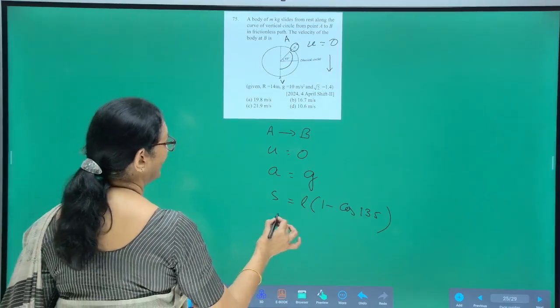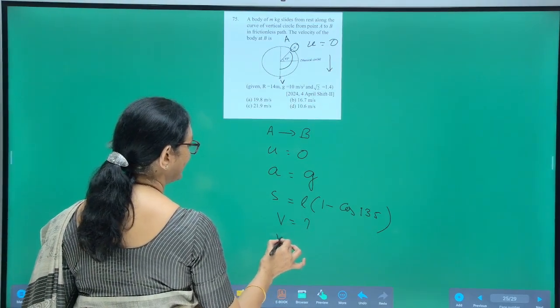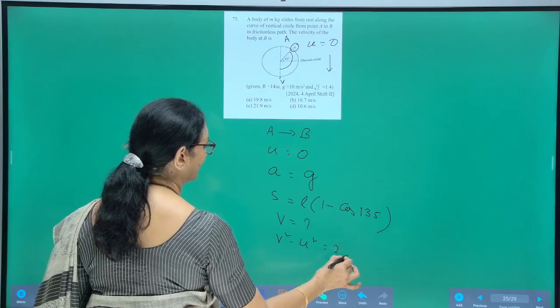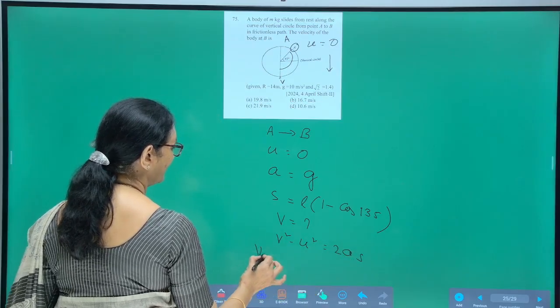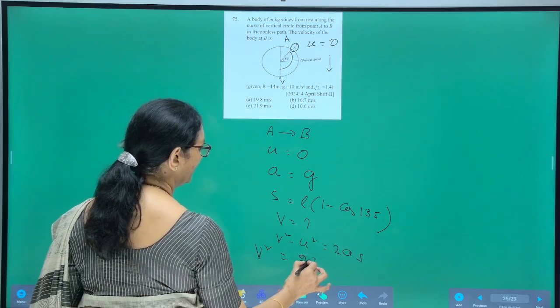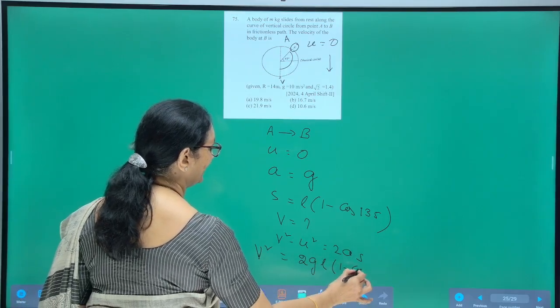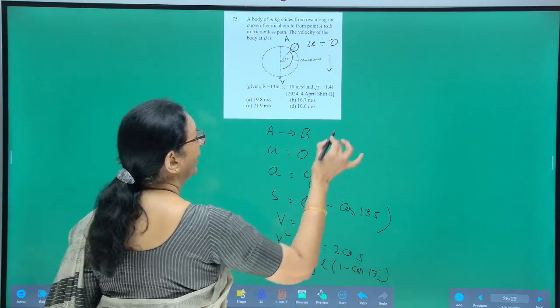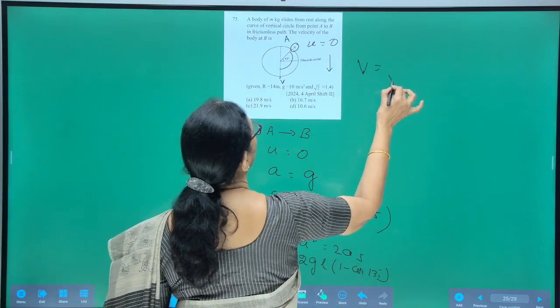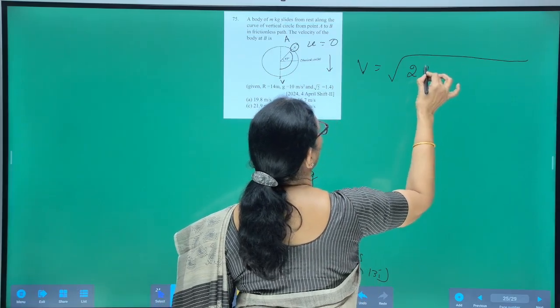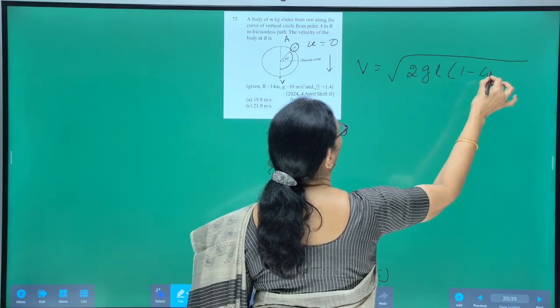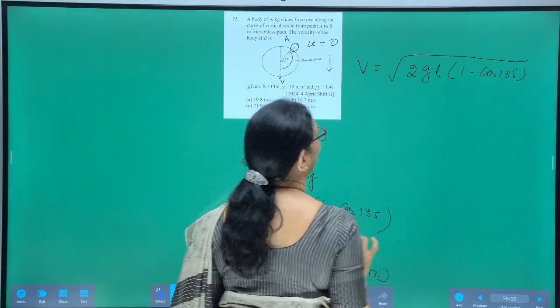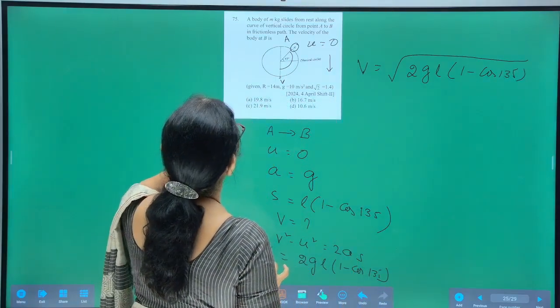Okay. So, what is the velocity? As v square minus u square is equal to 2as, v square is equal to 2gL into 1 minus cos 135, or v is equal to the square root of 2gL into 1 minus cos 135. So, let us substitute the data given.